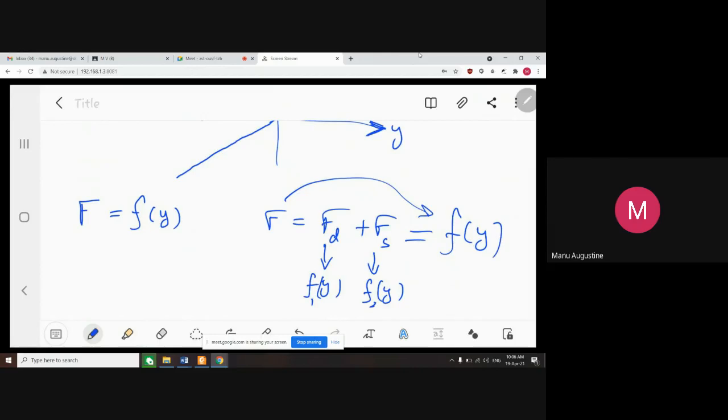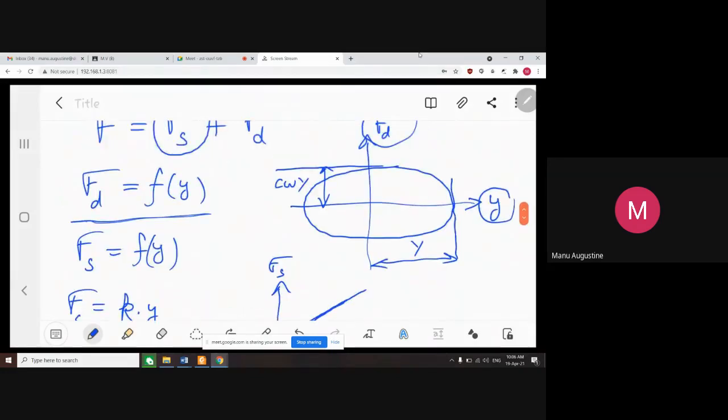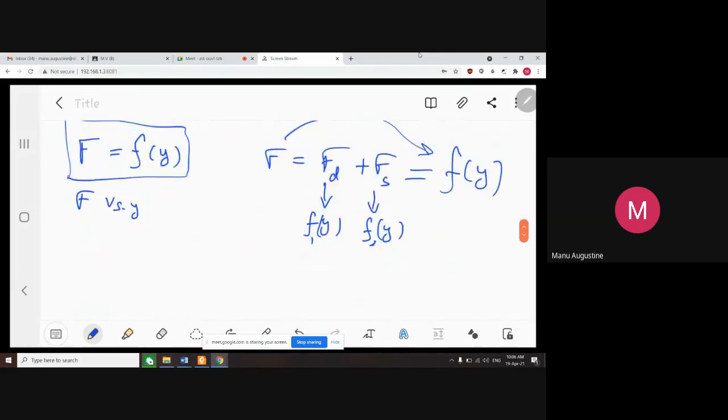So now I am interested in plotting the graph of F versus y. Now this is very easy to do. If you apply a little bit of extended logic, you see that Fd is an ellipse like this, Fs is a straight line like this.